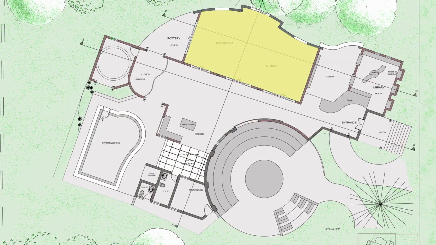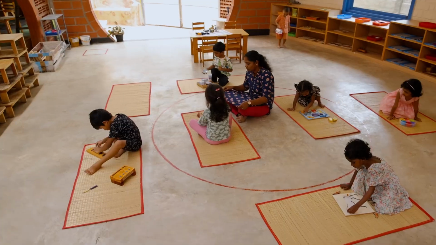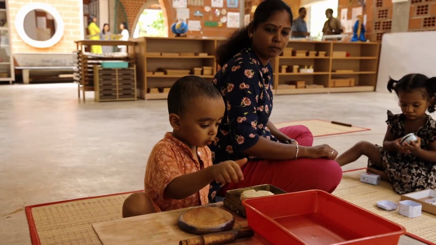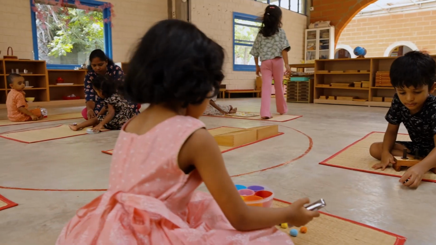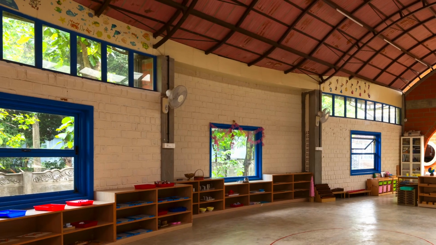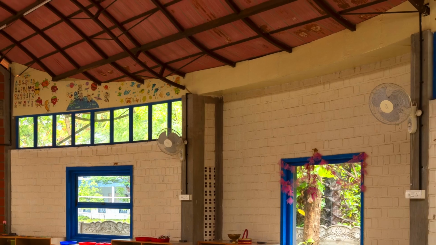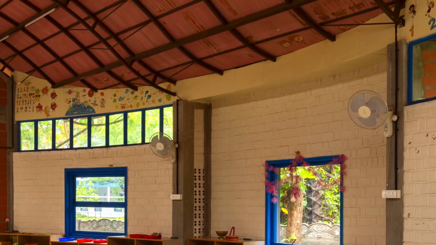Now coming to the most important space in the school, the main hall where the children are engaged in multiple activities. So one side we have a white colored rat trap bond wall, and it's a very gentle curvilinear wall.